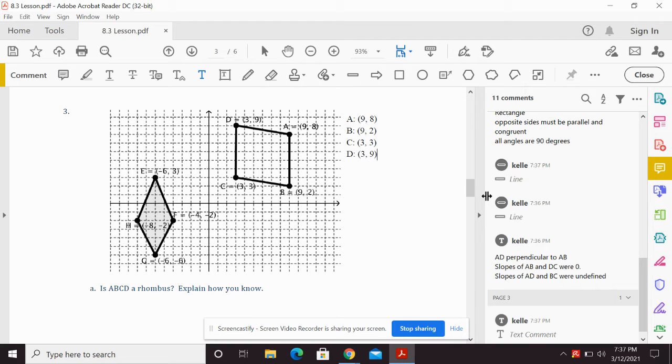Okay. So to be a rhombus, opposite sides are parallel, and then all sides are congruent. So opposite sides have to be parallel. All sides have to be congruent.